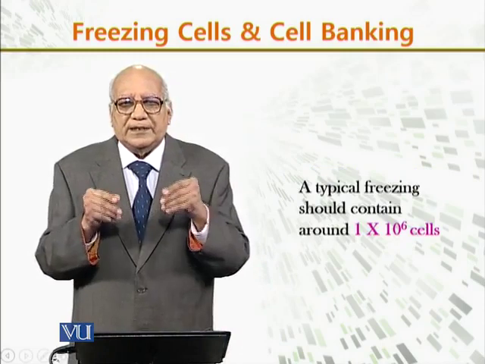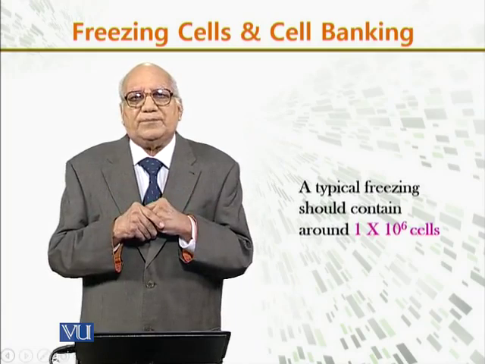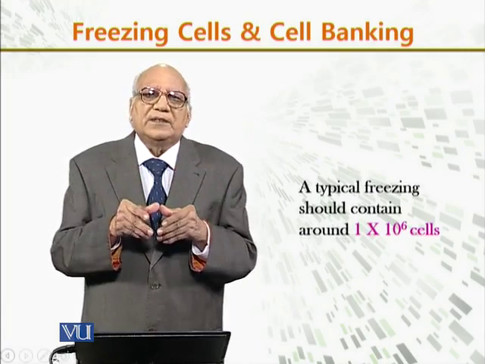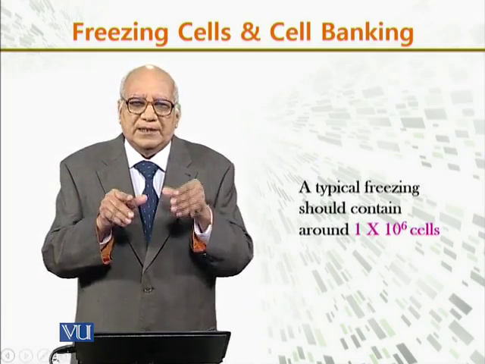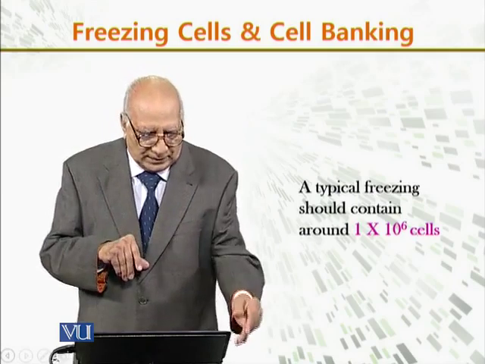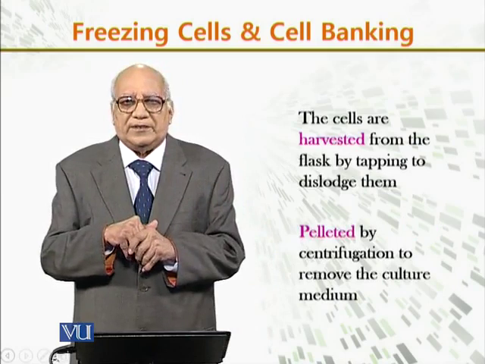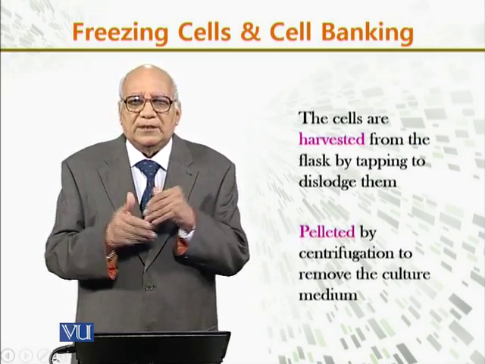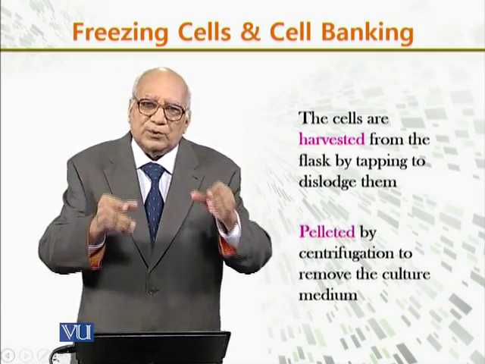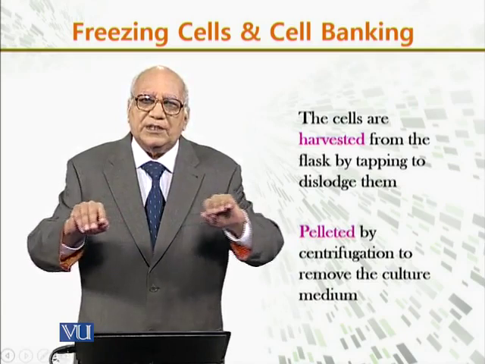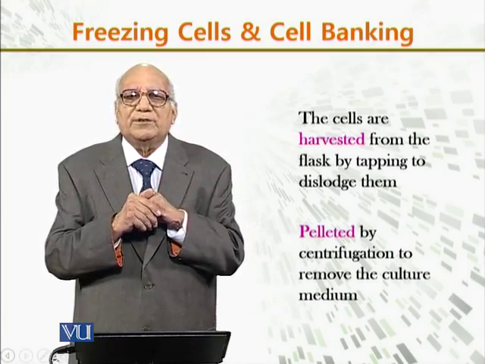Now, a typical freezing vial should contain around 1 million cells per mL so that they are frozen. Then the cells are harvested from the flask by tapping to dislodge them, because when the cells are growing, they are adhering, sticking to the flask, and we have to remove them.